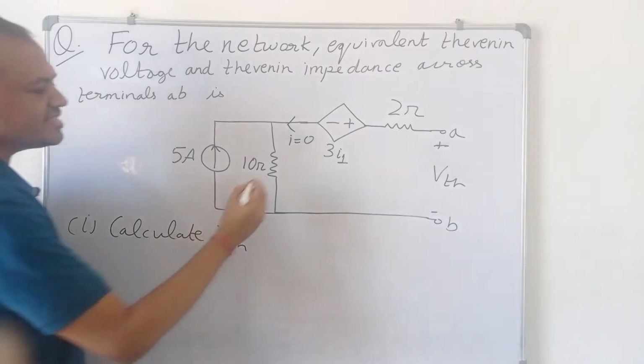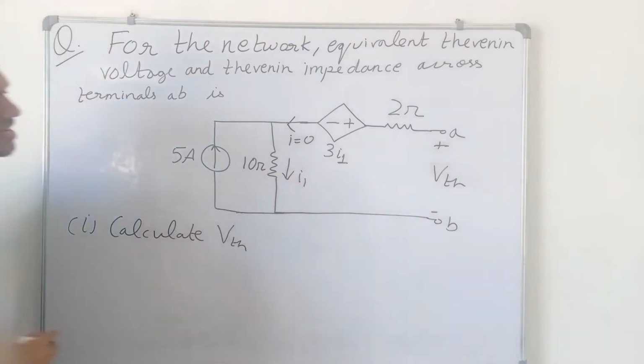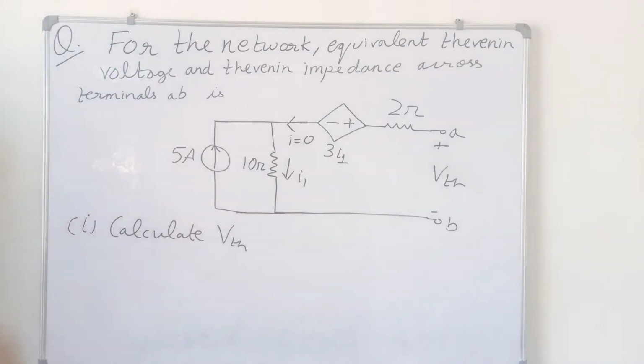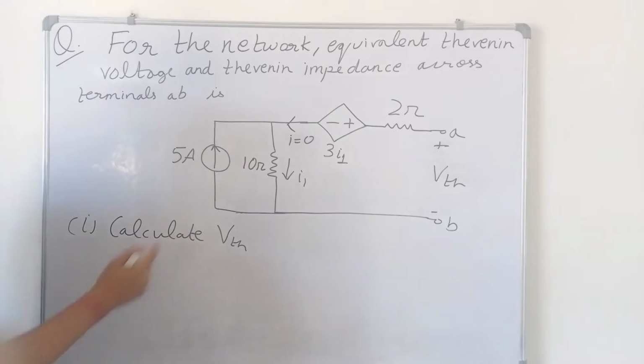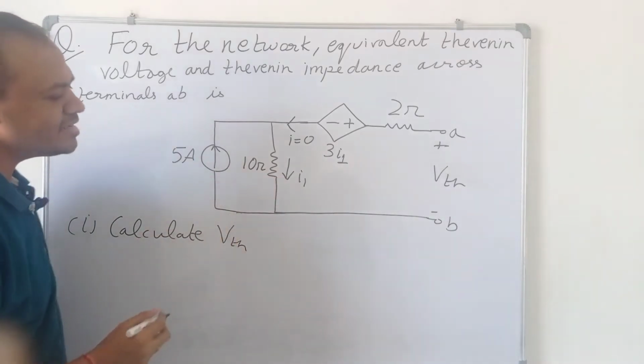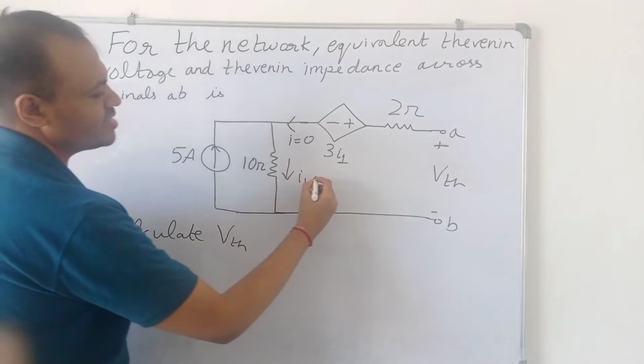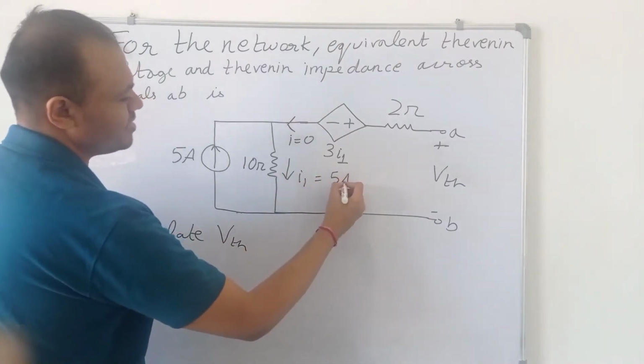Let this current be I1. I1 will be equal to 5 ampere because this current is 0, so this current will be flowing here. So I1 will be equal to 5 ampere.